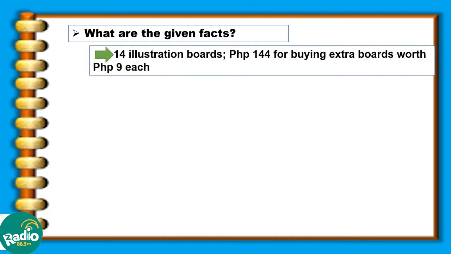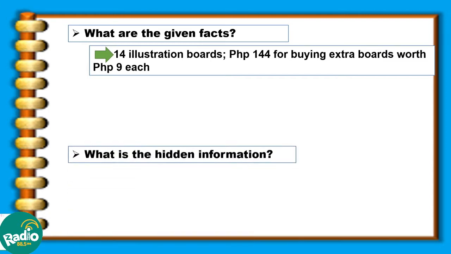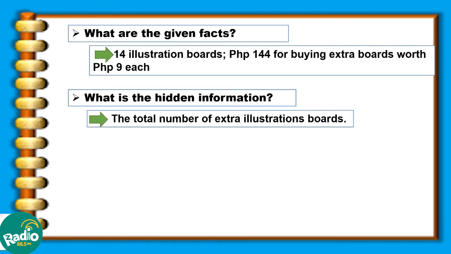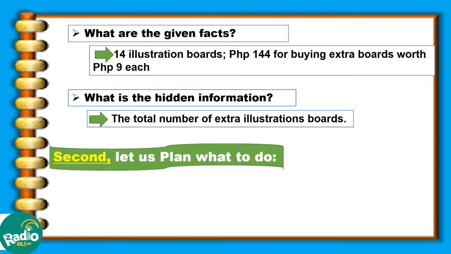Right! We have 14 illustration boards, and 144 pesos for buying extra boards worth 9 pesos each. And what is the hidden information? Correct! The hidden information is the total number of extra illustration boards.